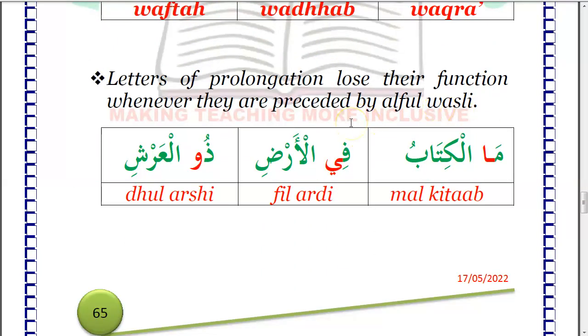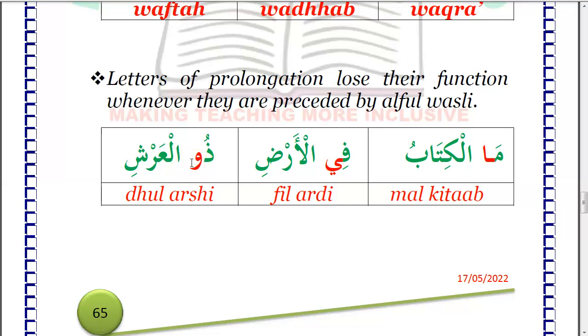Here is another one. Letters of prolongation lose their function whenever they are followed by alif al-wasl. So here is ma with alif maddi, and the alif maddi is telling us to draw our ma. Once there is alif al-wasl after alif maddi, or yaw maddi, or waw maddi, they will become passive.